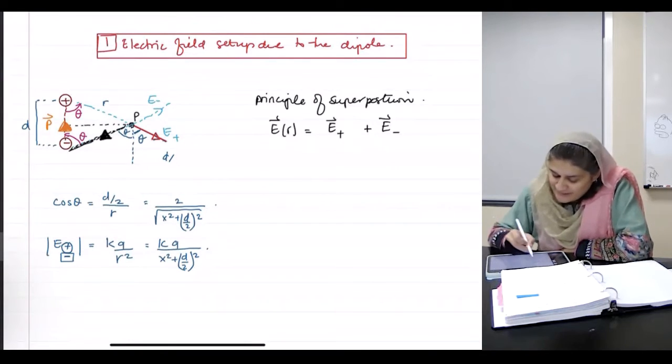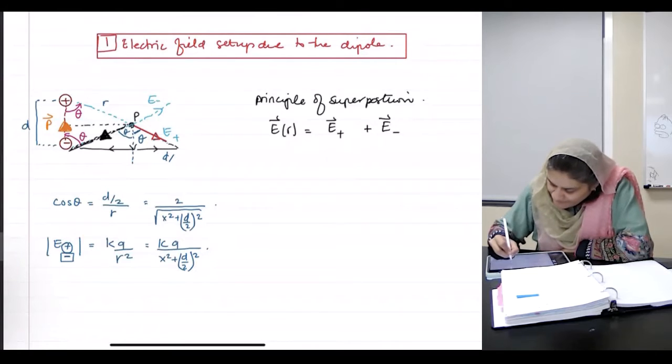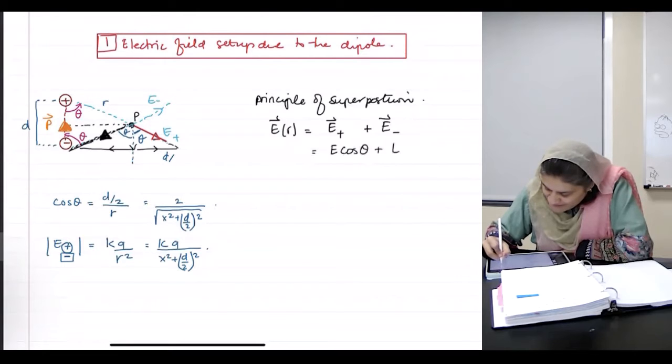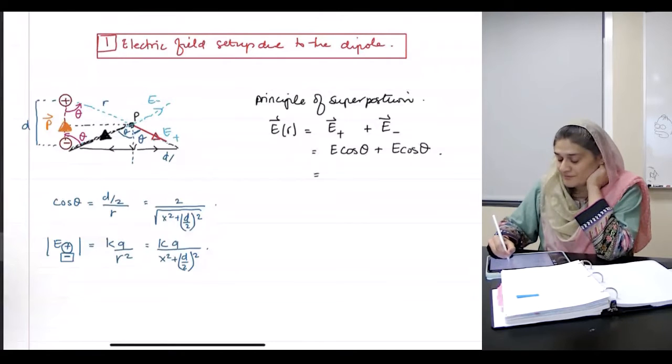So may I write this as E cosine theta plus E cosine theta? Head to tail rule? Or 2E cosine theta?